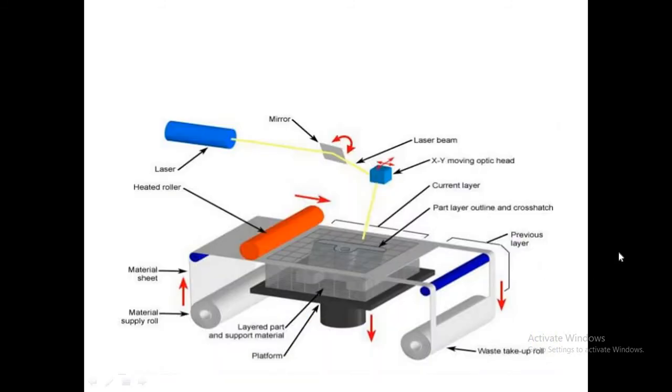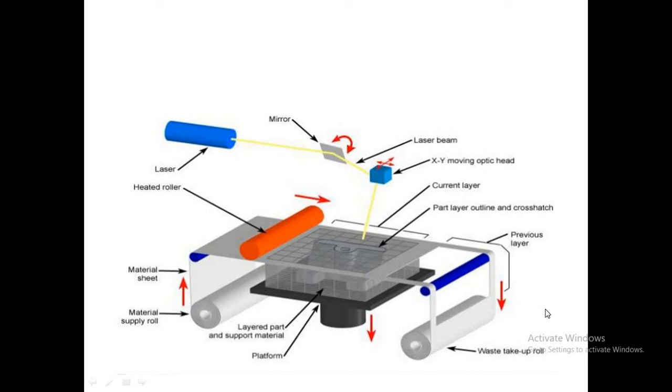Here also you can see the heated roller. From this, the laser is directed to the mirror, and from there to the head, and from that the parts are being cut.